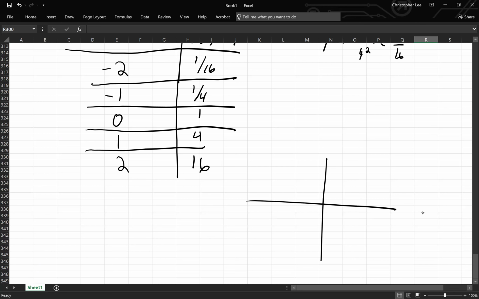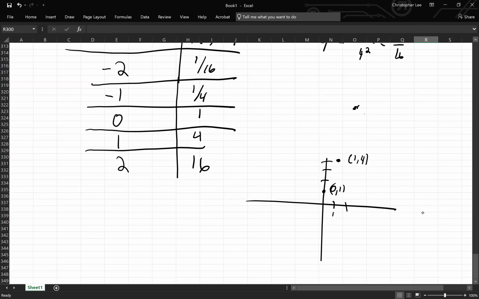I need to see that y-intercept, right? There's that 0, 1. All right. Next, I see 1, 4. So this is 1 and 4. So that's 1, 2, 3, 4. Right here, that's 1, 4. And then 2, and then 16 is somewhere up here, whatever.